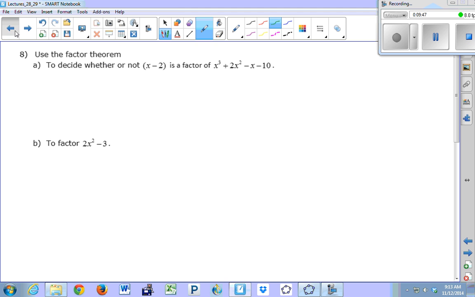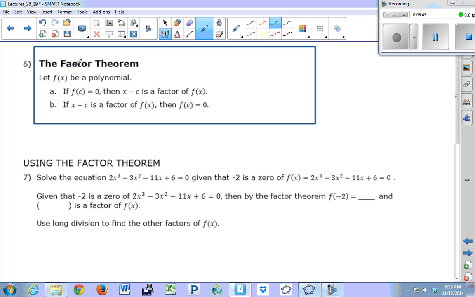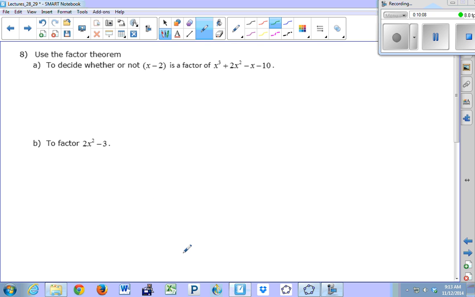So let's recall what the factor theorem said. The factor theorem said, if you can find a number that you can plug into your polynomial equation and make it equal 0, or your function and make it equal 0, then you know that that value can be written as a factor. So it seems to me that they want us to factor this. They want us to be able to write this as something times something, okay?